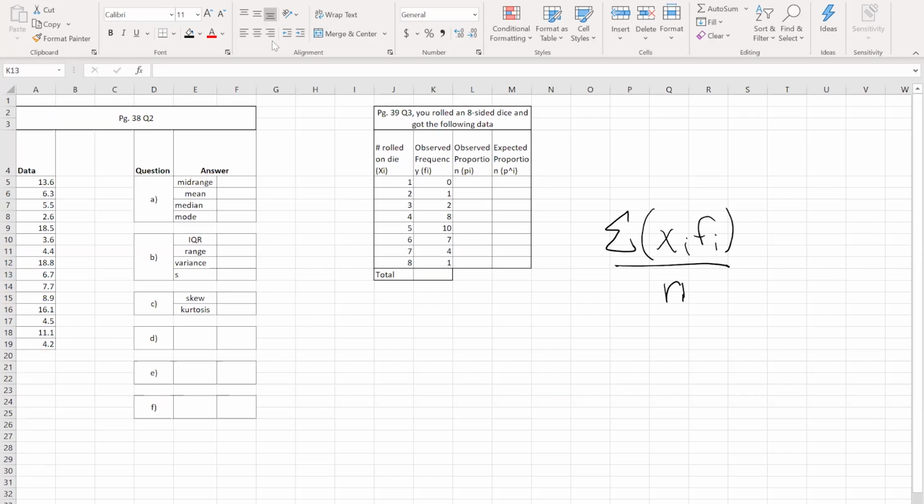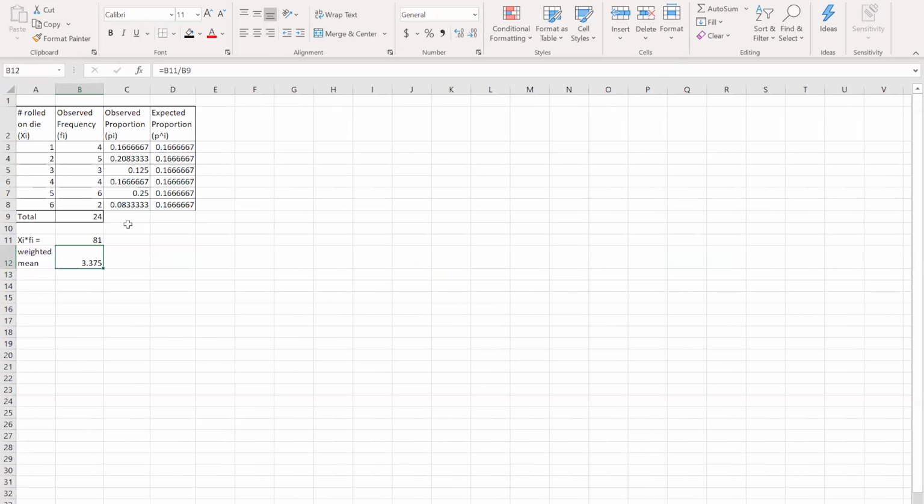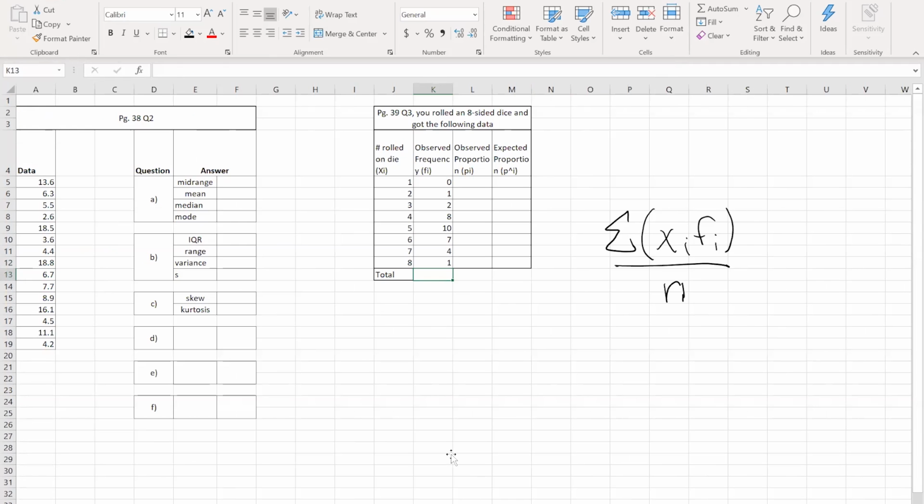I have a question. Yeah. How did you get the weighted mean? So the weighted mean is, as I wrote here, the sum of the product between your frequency and the observation, right? And the frequency. So it's these two columns.